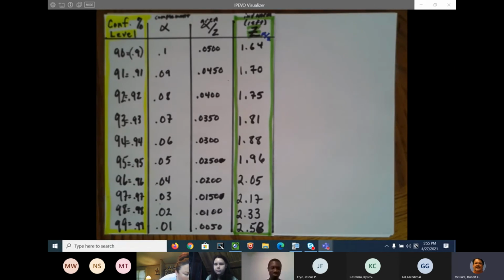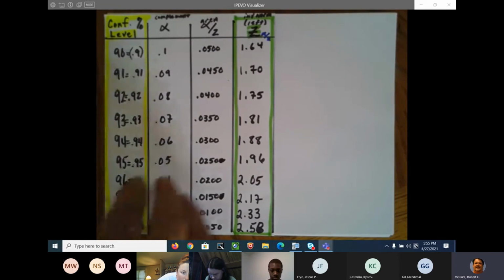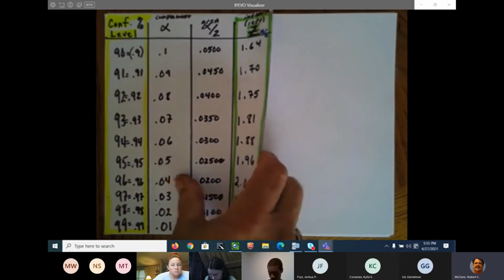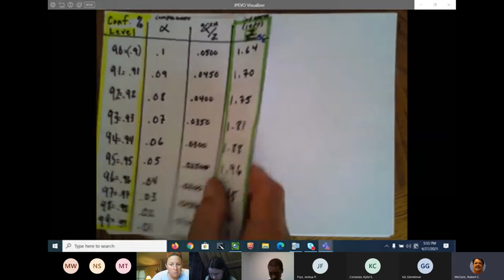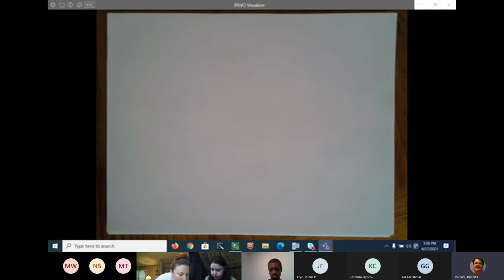But since the homework and the test do randomly generate numbers, sometimes you may be asked for a 75% confidence level. And it drops off of this index card.